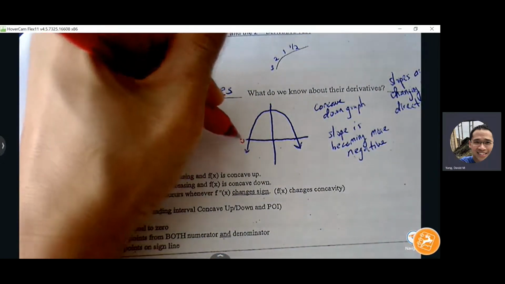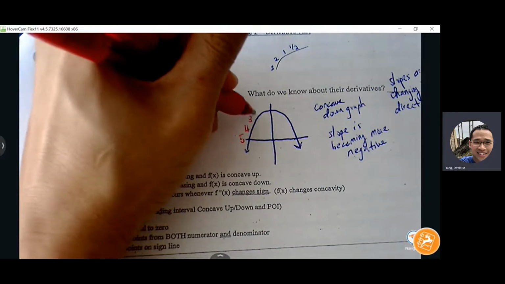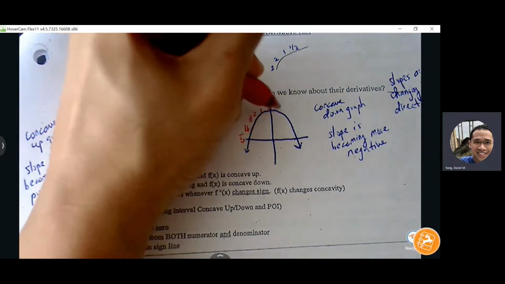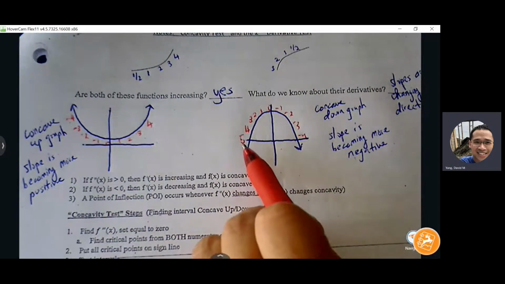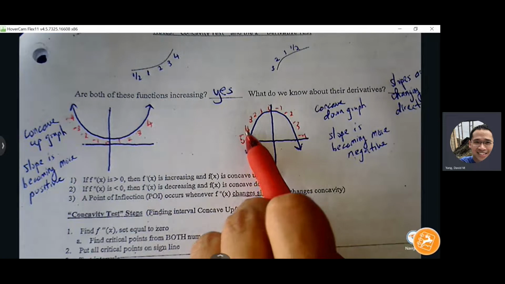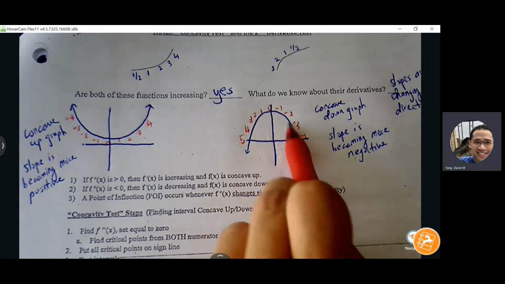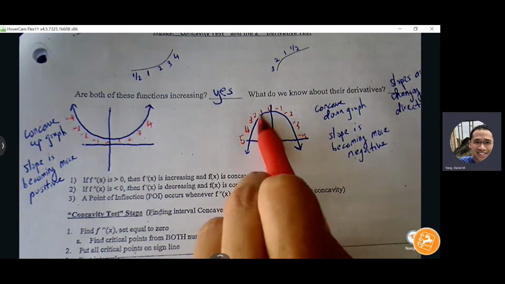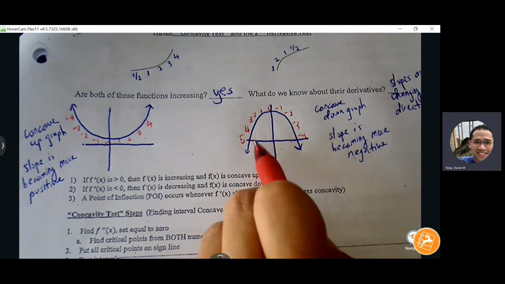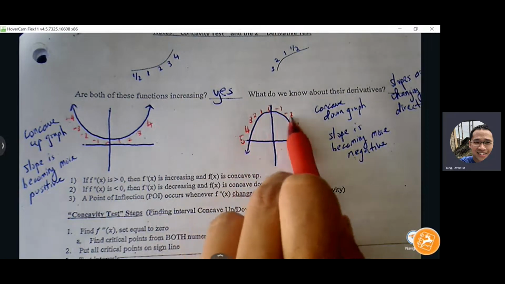Positive. So let's say this is slope 5, then 4, then 2, then 1, and eventually 0, -1, -2, -3, -4. All these slope values are consistently moving in the negative direction. When that happens, the physical graph is going to resemble an upside down U, or a parabola opening down.